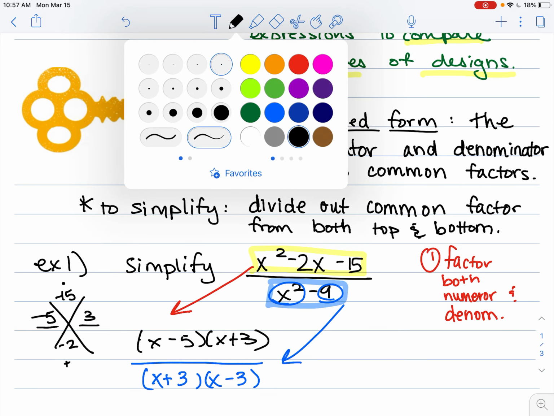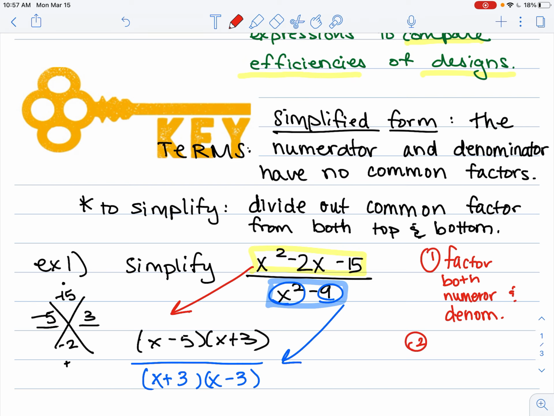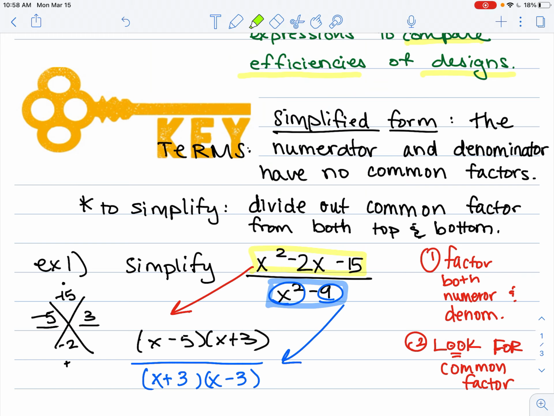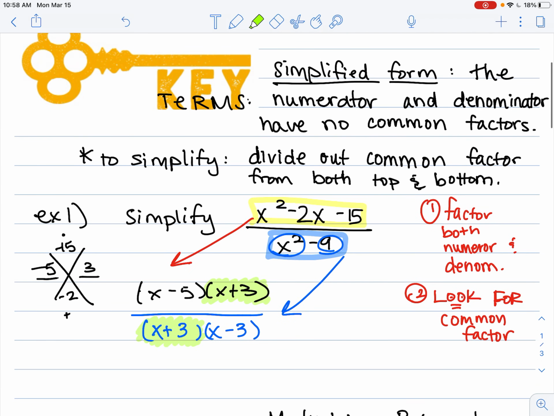Now step 2 is we're going to look for a common factor. So let's look at the top and the bottom now that we've factored them. Do we have a common factor? Well, let's look. I see x plus 3 here, ooh, and an x plus 3 here. If we see a common factor, that's when we know we're going to cancel them, meaning divide them out from each other.